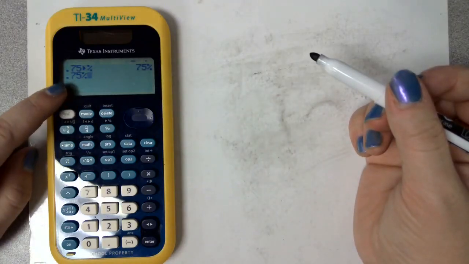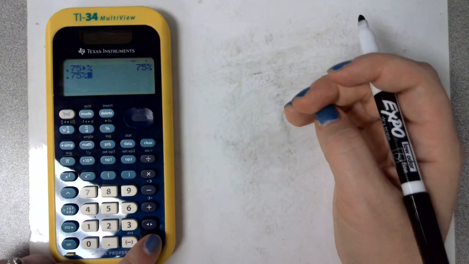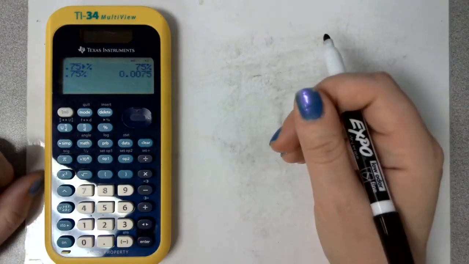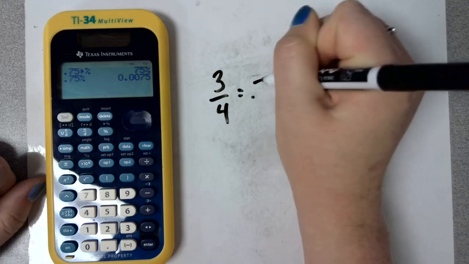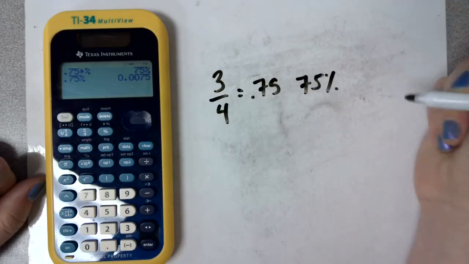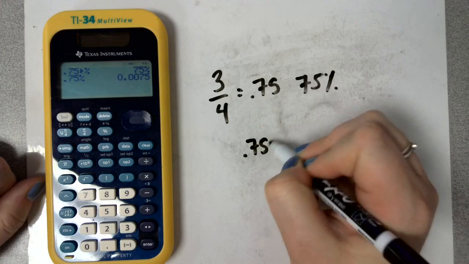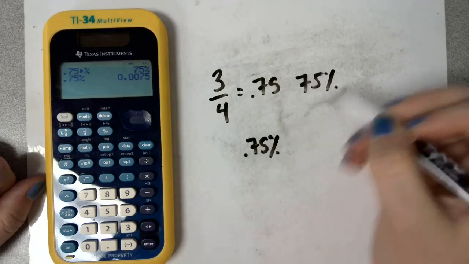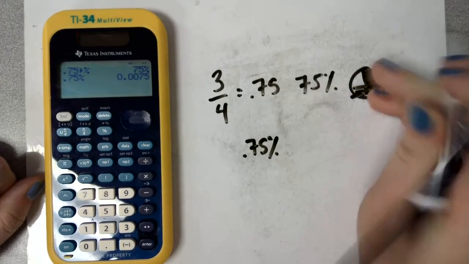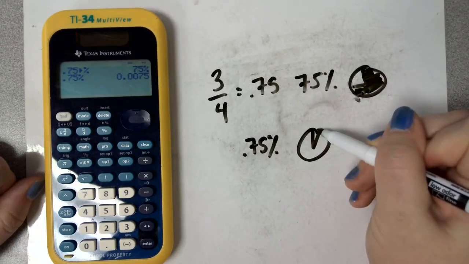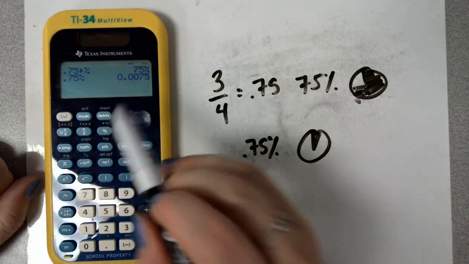This is just saying I want 0.75 percent. 3/4 is 0.75, which is 75%, but 75% is different than 0.75%. If I have a cookie, 75% means I have this much of a cookie, right? 0.75% of a cookie means I have an itty bitty teeny weeny amount of cookie. Okay, so be careful of using that.